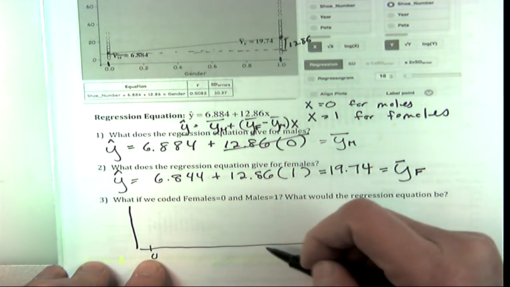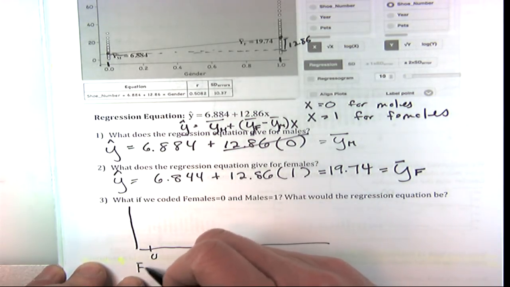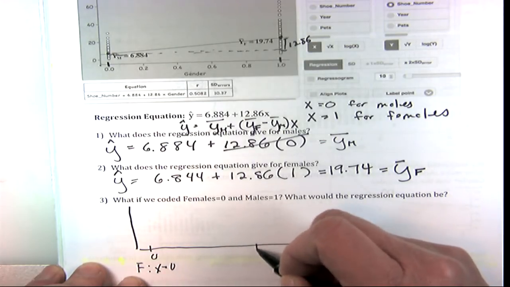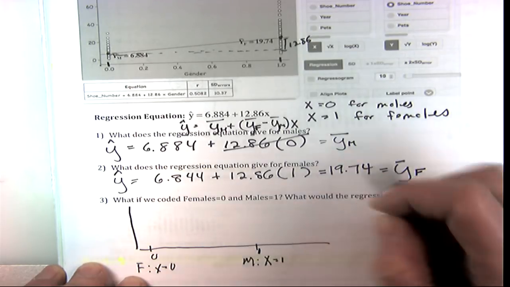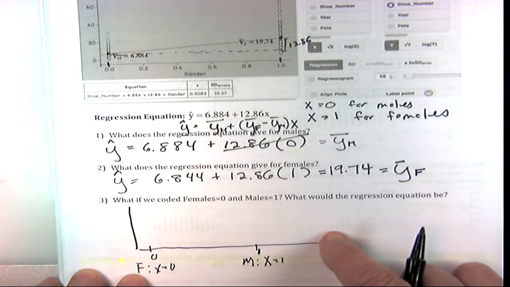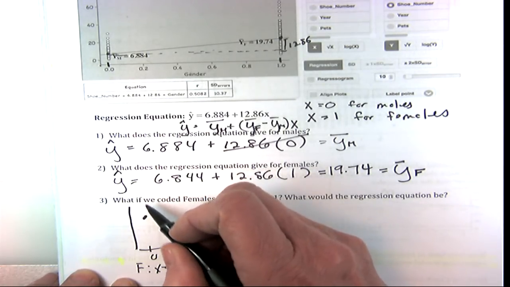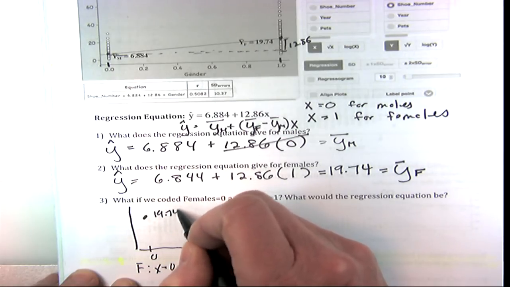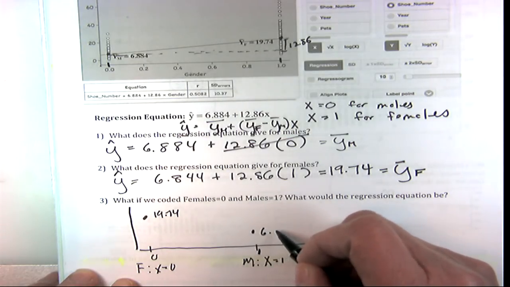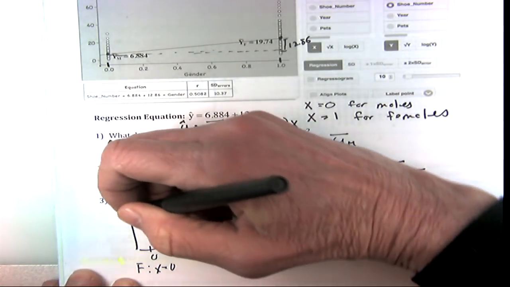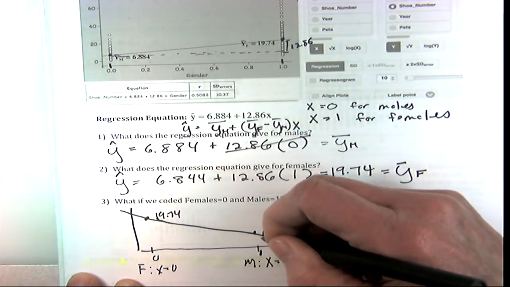All right, so now we're going to have females be 0, right? So females are going to be x equals 0, and then males are going to have x equal 1 right there. That's what we're going to do. So now the females' average is going to be up here at 19.74, and the male average is going to be down here at 6.884, and the regression line is going to go through those two averages like that.